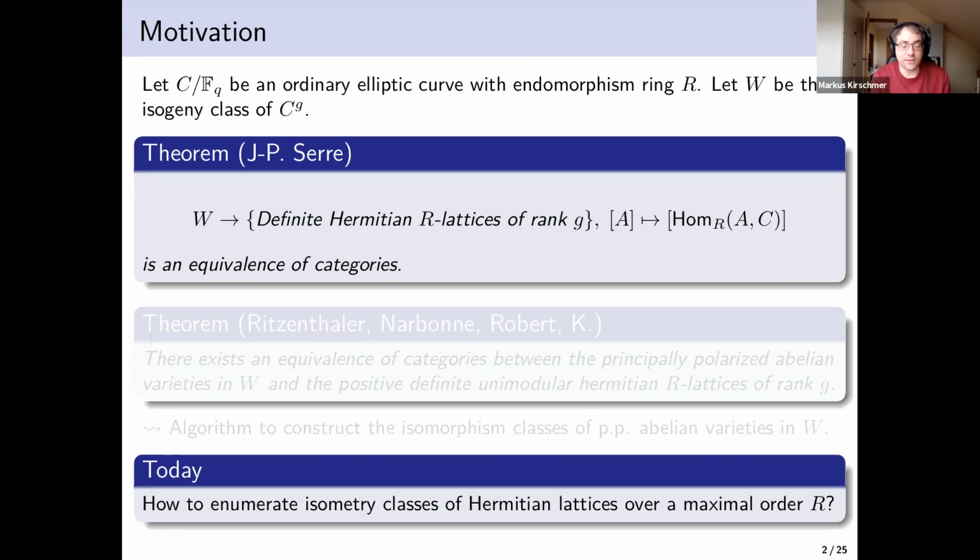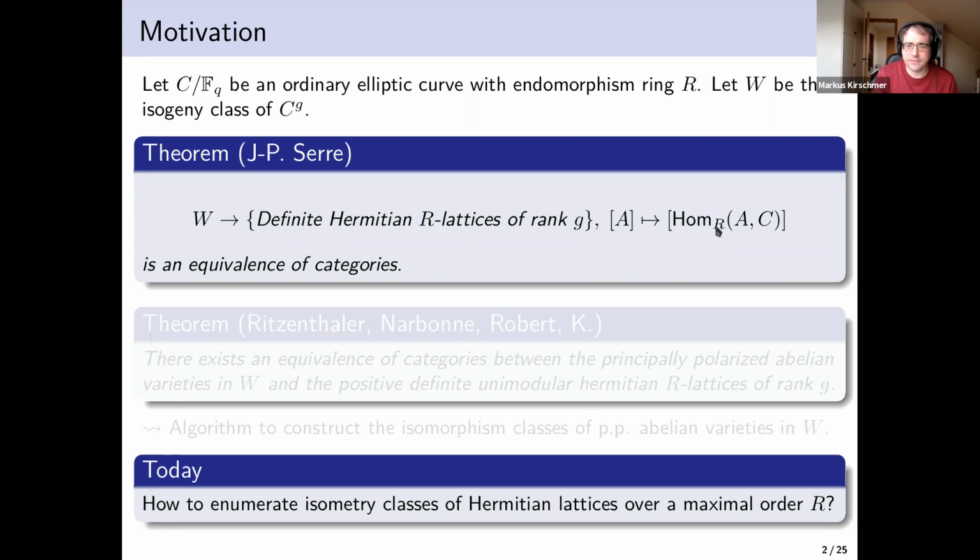Now we can look at the isogeny class of g copies of C, and then there's a result by Serre, which says that there's a bijection, or an equivalence of categories, between the varieties in the set W and definite Hermitian lattices over R that have rank g, and it's given by this functor.